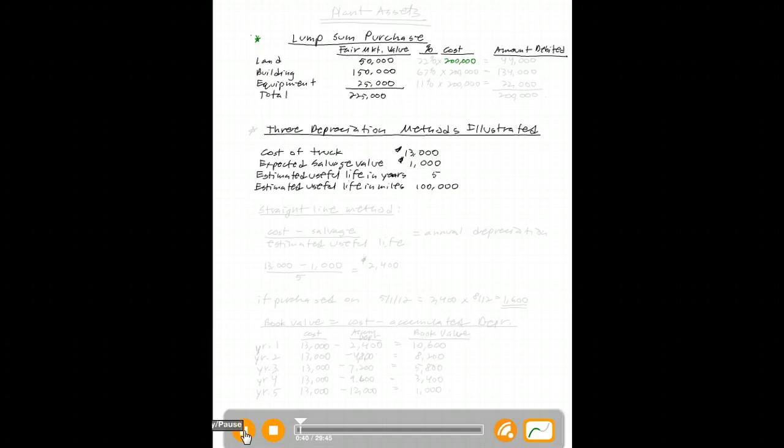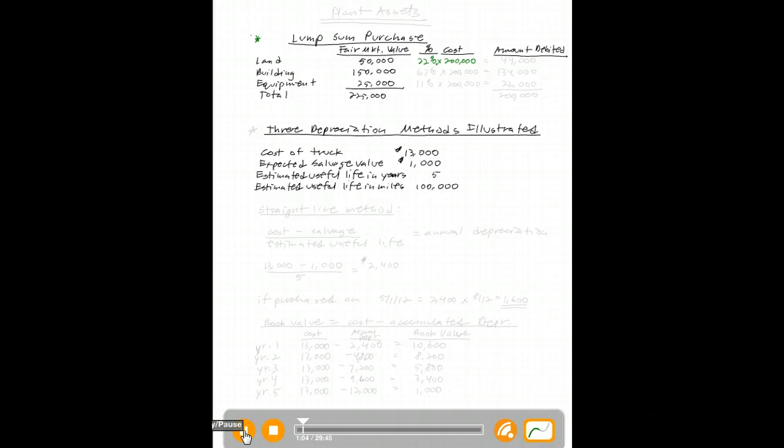So the way you allocate this $200,000 is you take a relative fair market value percentage. $50,000 divided by $225,000 equals 22%. Really, it's a little bit more than that, but we're not going to do that.